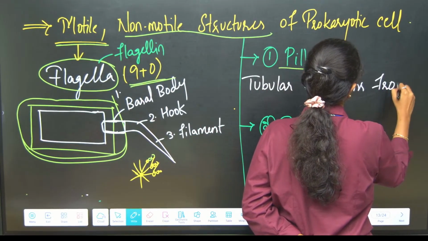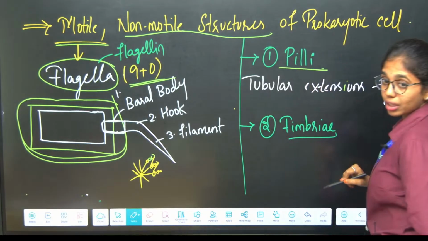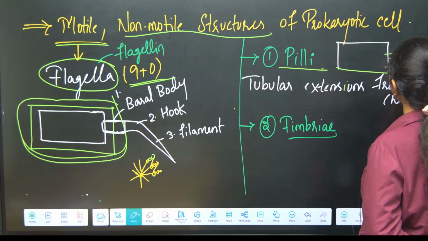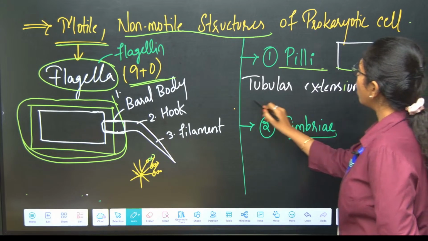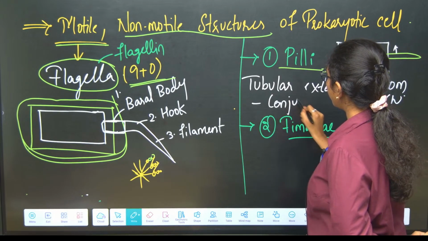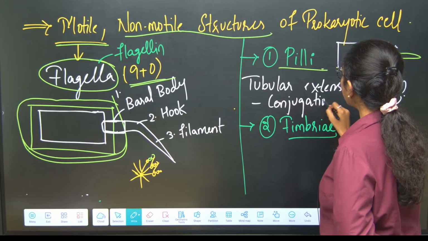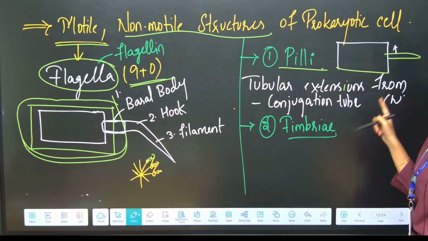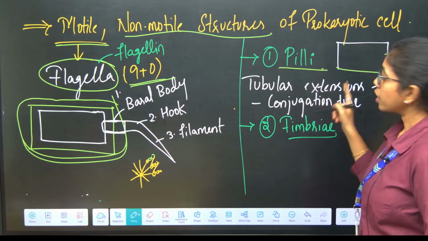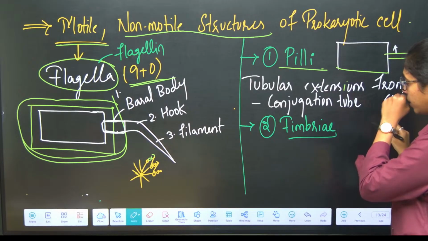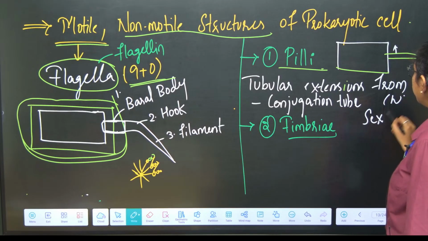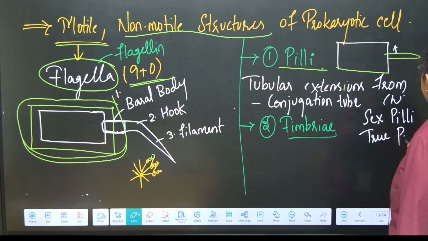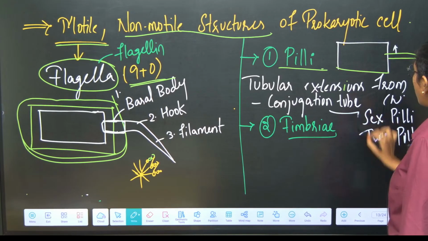These tubular extensions also act as a conjugation tube during sexual recombination. As it aids in the process of sexual recombination, this is also called sex pili or true pili.